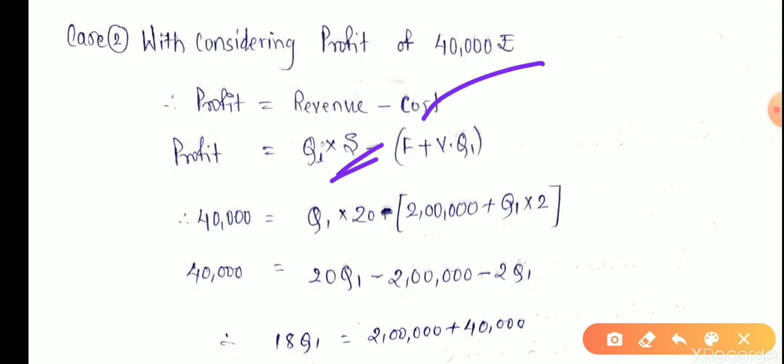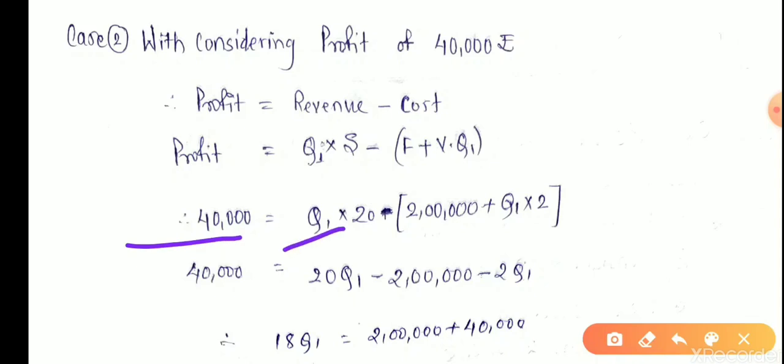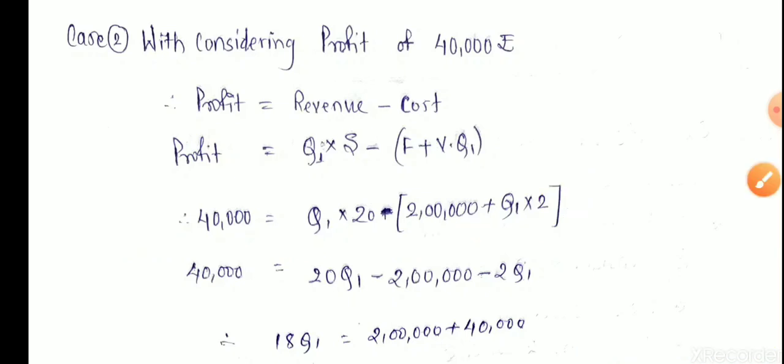F is the fixed cost, V is the variable cost, and Q is what we have to calculate, how many units you have to sell. Now the profit is given as 4,000 rupees. Q we have to calculate. 20 is the selling price per unit. 2 lakh rupees is the fixed cost. V is the variable cost.